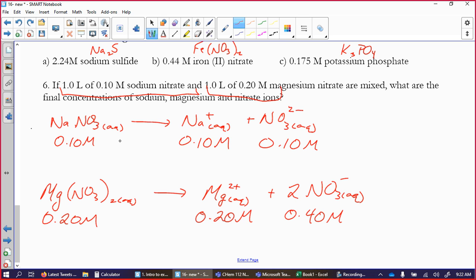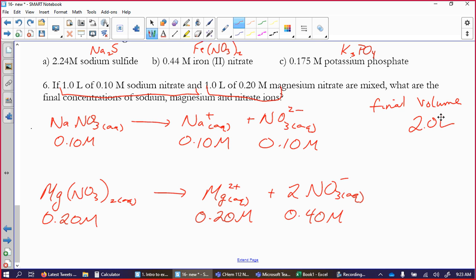Now this kind of leads into the next topic, which is dilutions. If I take a liter of one and a liter of the other and mix them together, my final volume is, this is where in class someone would shout, 2 moles per, whoa, whoa, whoa.